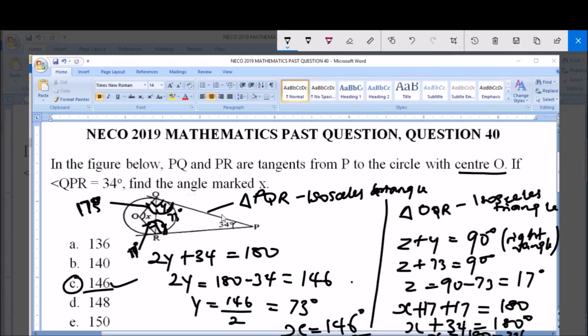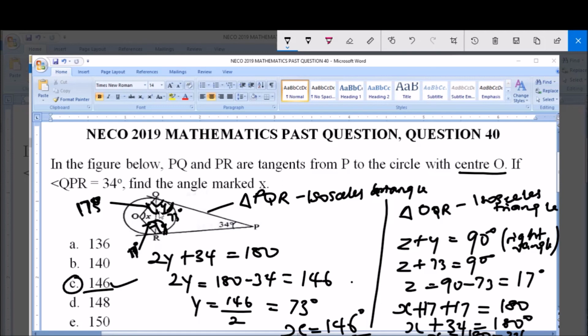Now let me do a brief recap. We started with triangle PQR. We said triangle PQR is an isosceles triangle, and since this angle is given to us to be 34 degrees, we found this angle y, and finding angle y, we got 73 degrees. And we said wherever a radius meets a tangent, a right angle of 90 degrees is formed.